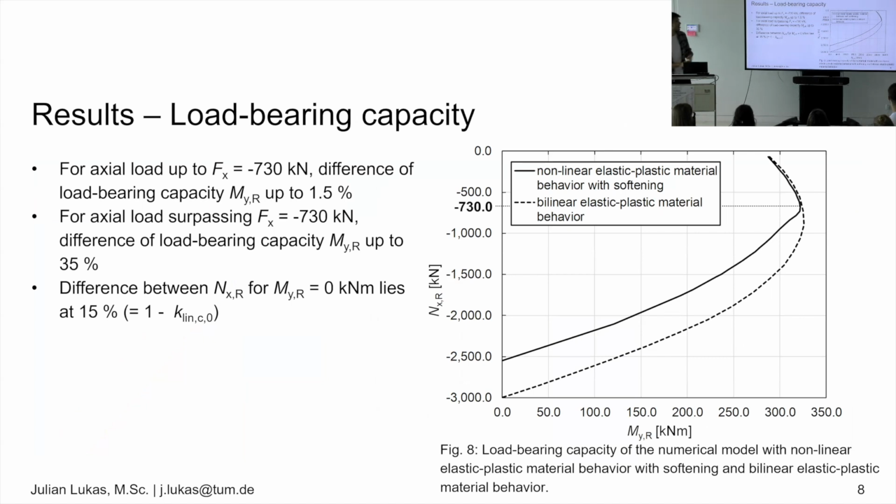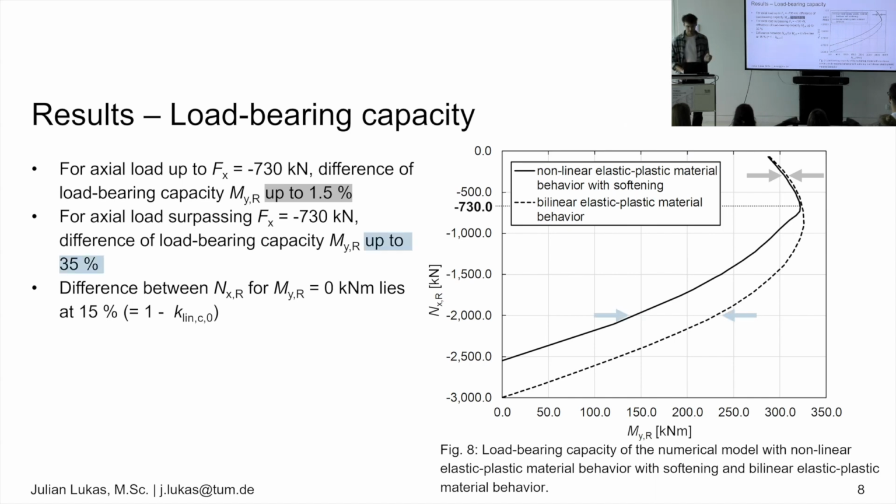We have two lines. One is the non-linear elastic plastic material behavior with softening. This is the solid line here, and the dashed line here is the bilinear elastic plastic behavior. And we see for axial loads up to 730 kilonewton, the difference is only 1.5%. So we don't have a big influence in using a nonlinear model or a bilinear model.